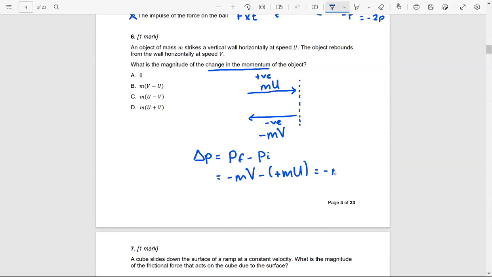So if I bring out the m and put the rest into brackets, we come out with negative m(v plus u), and we want the magnitude, which is the final step, so we don't need the negative sign here. So it's going to be m(v plus u). They've written it u plus v, but it's D.